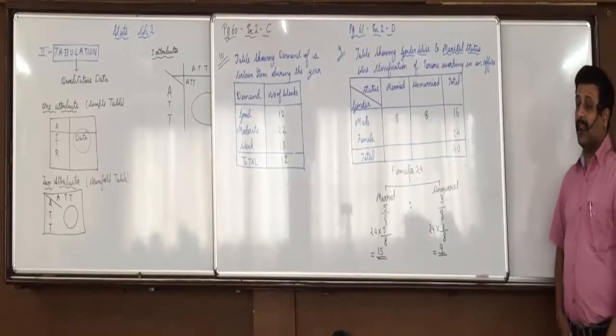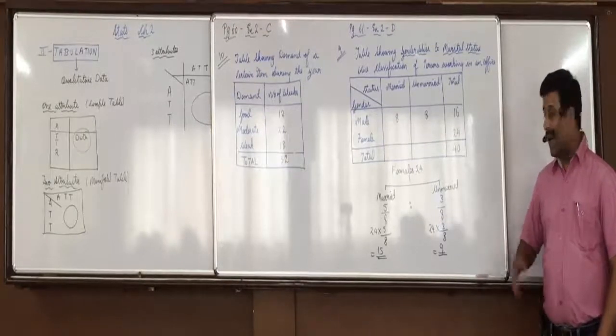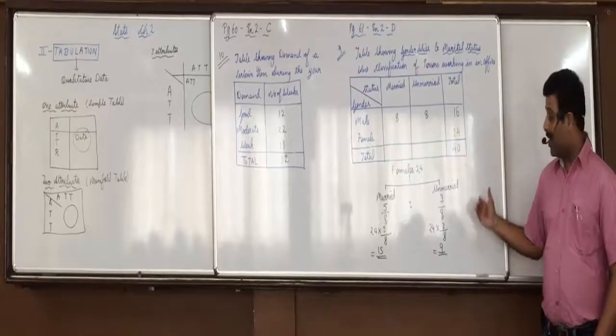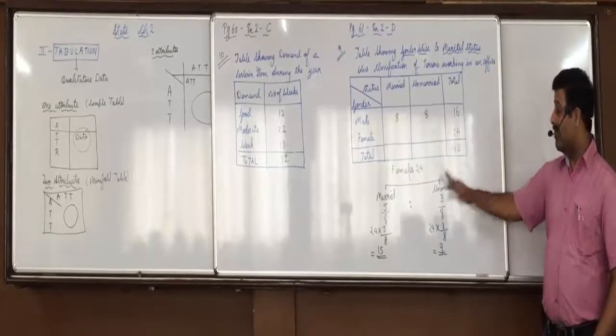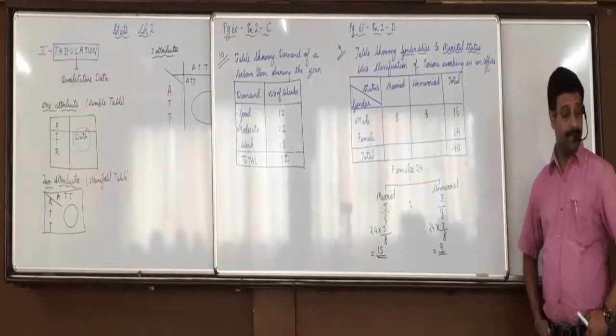So, did you understand the meaning of the ratio 5:3, everyone? Yes, sir. It is given in the question that married and unmarried females are in the ratio 5:3. So, we have worked out that out of 24 females, 5:3 ratio means married are 15 and unmarried are 9.